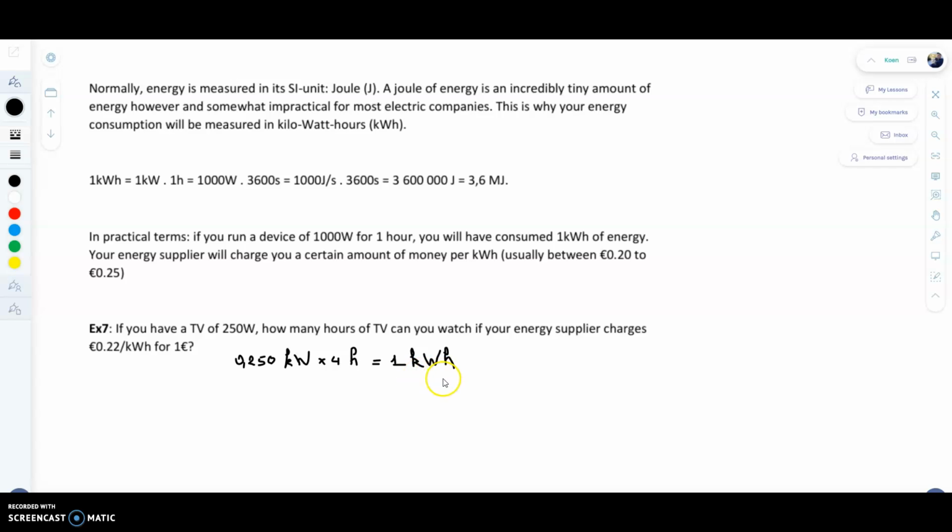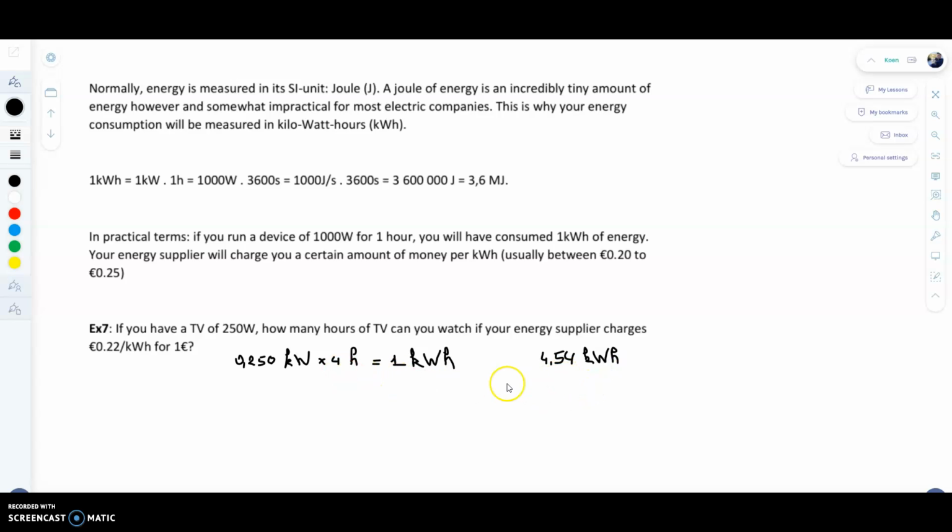1 kilowatt hour of energy, luckily, doesn't cost me €1 yet. If I want to calculate how many kilowatt hours I can afford for €1, in this case, I take my €1 and I divide it by 0.22 euros per kilowatt hour. In this case, 4.54 kilowatt hours is how much you could use before they charge you €1.